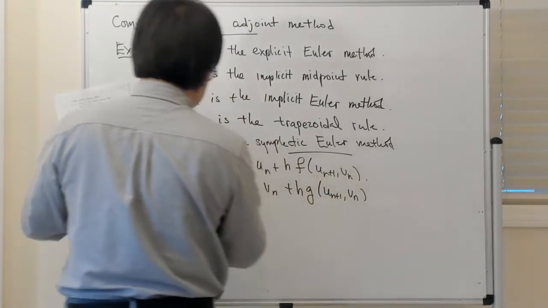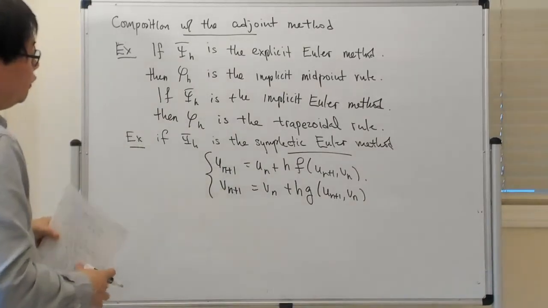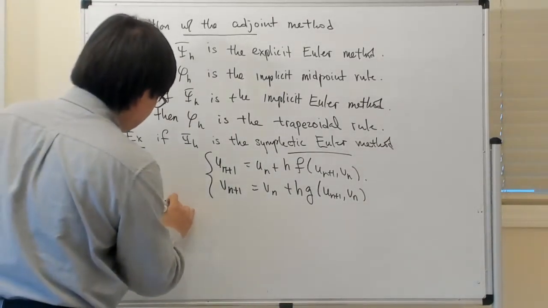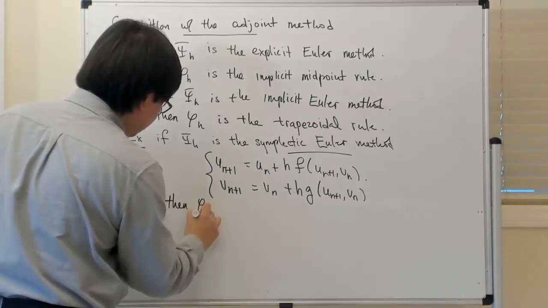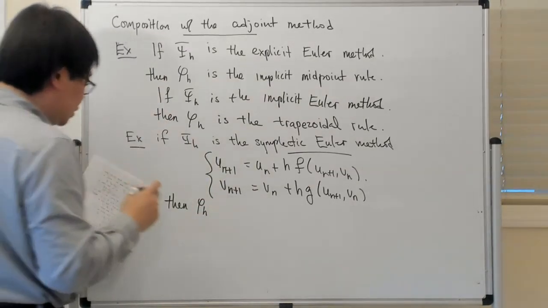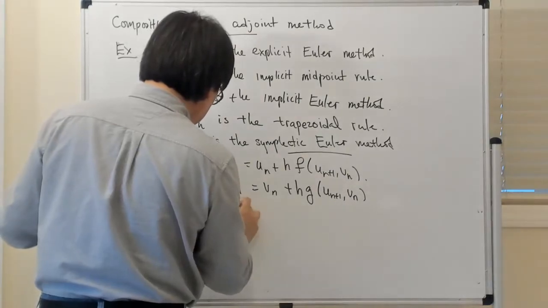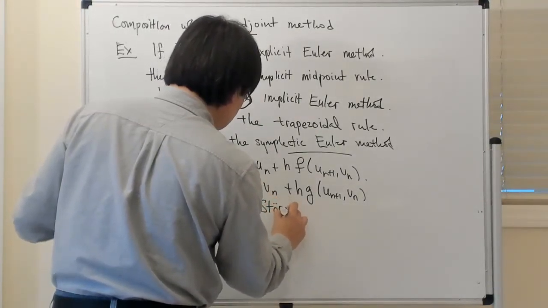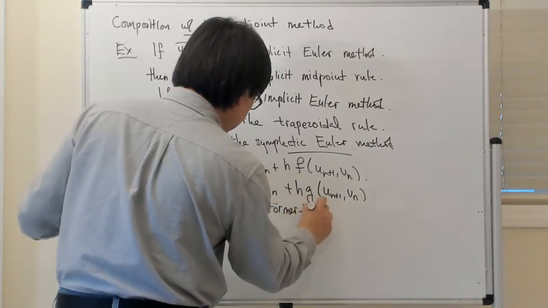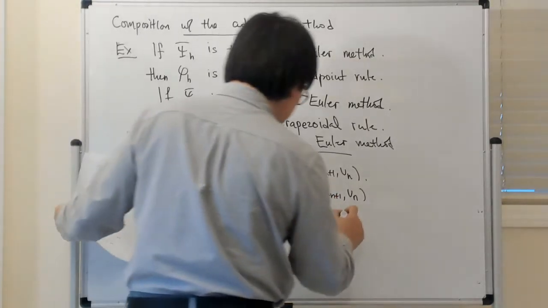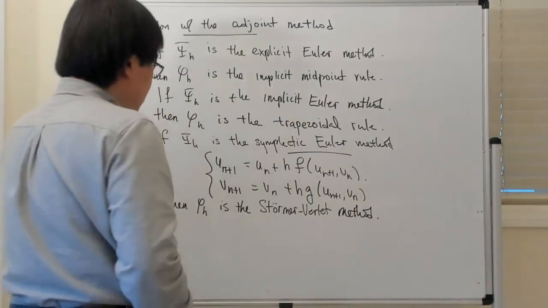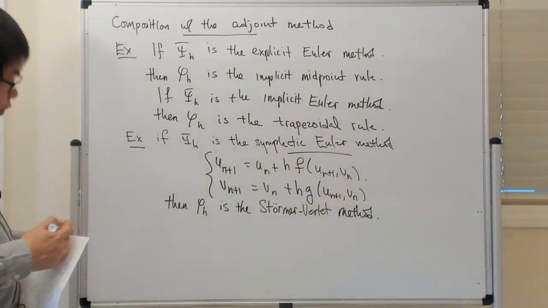If you look at this symplectic Euler method and again do this kind of symmetric composition, then the resulting symmetric composition method is the Störmer-Verlet method. Okay, let me just stop there for now.